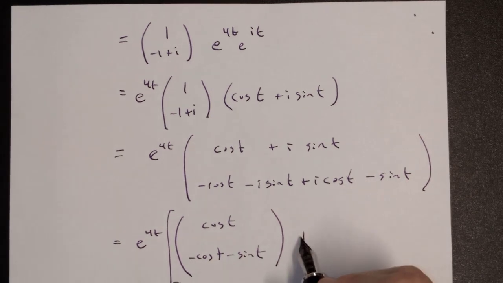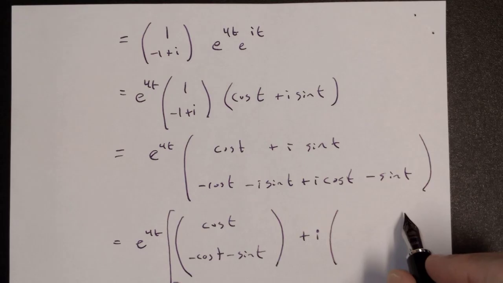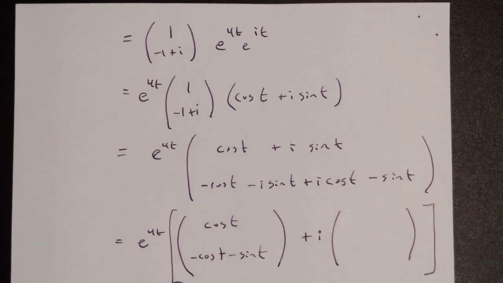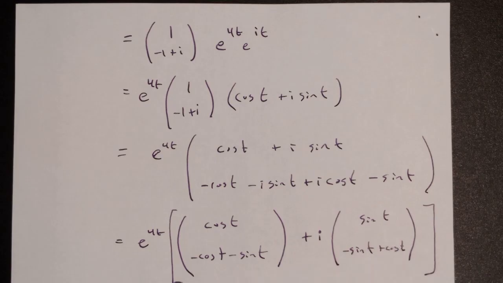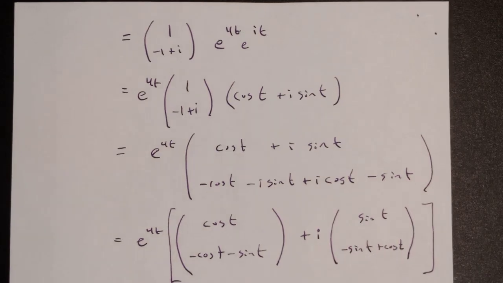In the second vector, I'm only going to put the i parts. And now I'm going to strip off the i.